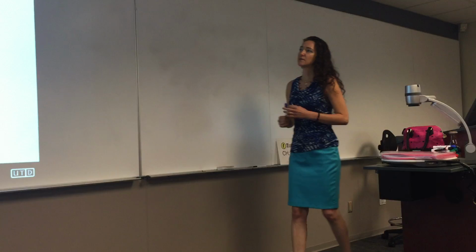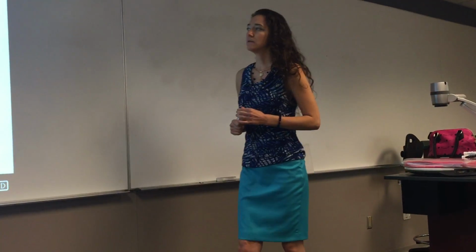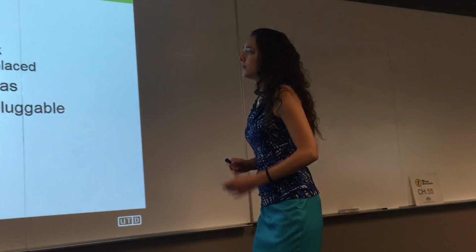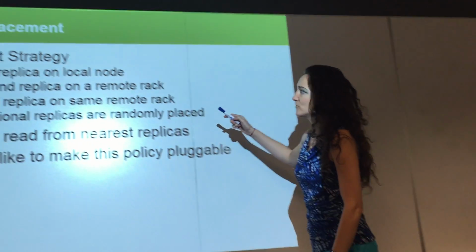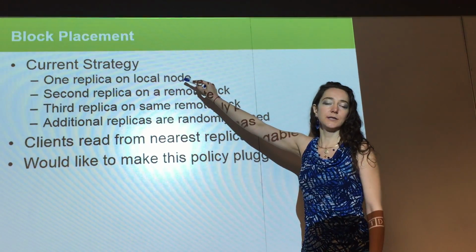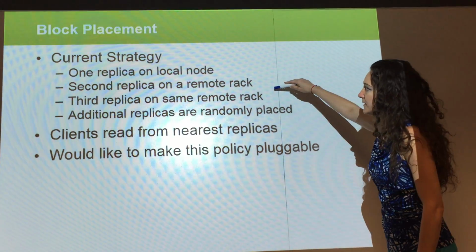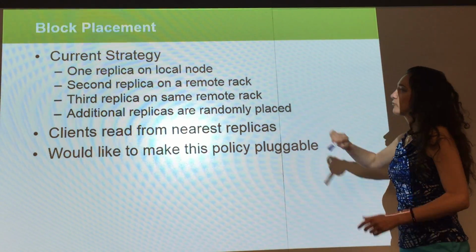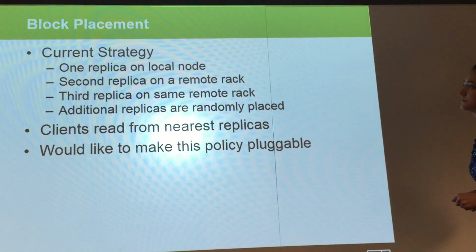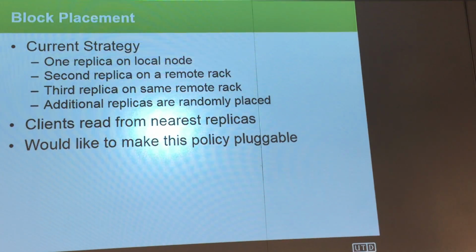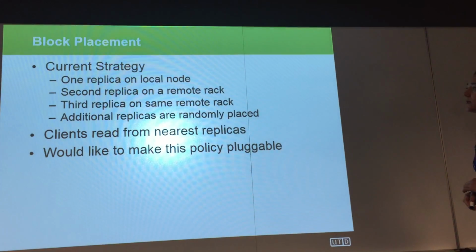As we mentioned, the block has 3 copies, usually, in case of failure. The first copy is on the local drive of the data node. The second copy is on a remote rack. And the third copy is also on the same remote rack.